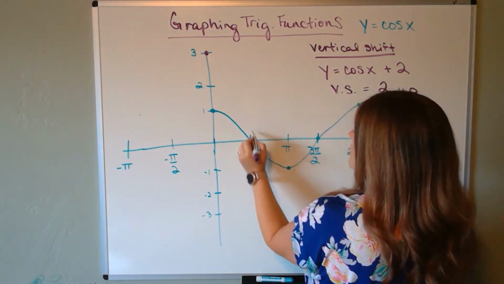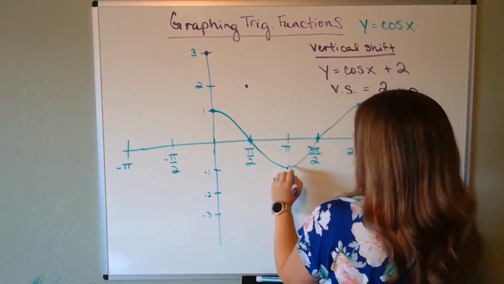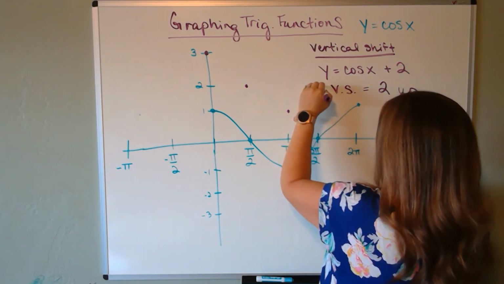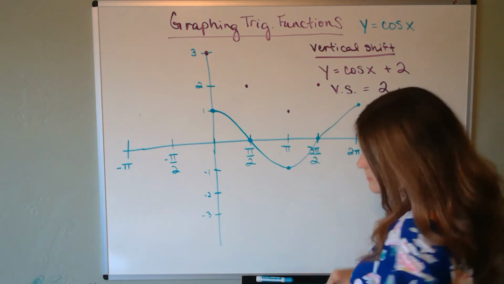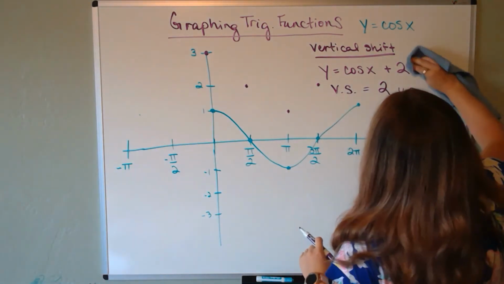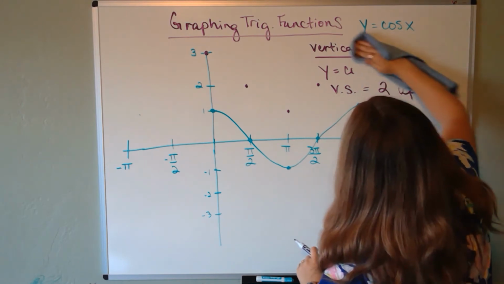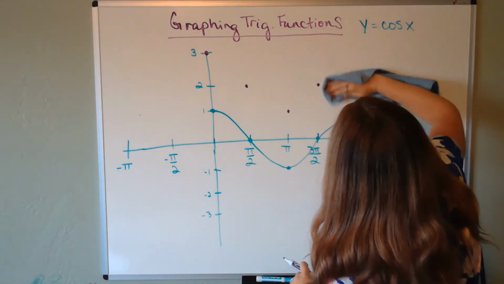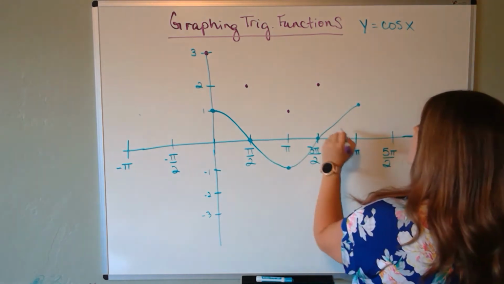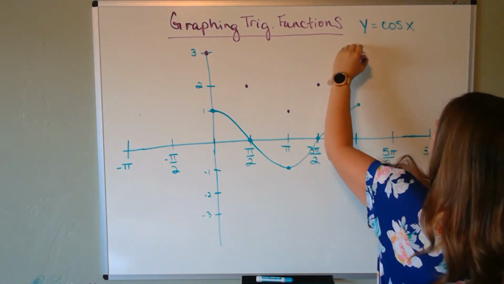Take your intercept, move it up 2. Take your low point, move it up 2. Take your intercept again, move it up 2. Dang it, there's not enough room. So I have to erase stuff. You have that written down if you're taking notes. I'll probably write the equation again, but I do need to take this high point here and move it up 2.